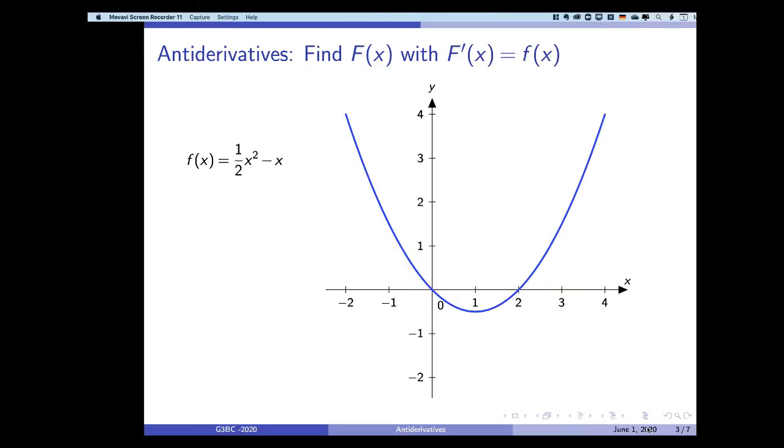By now we can compute the antiderivative of some functions, but what is the meaning of this antiderivative? Let's look at this parabola. You know what it means to take the derivative at a point, say at 2, 0, don't you? You get a number, and this number is the slope of the graph at this point.